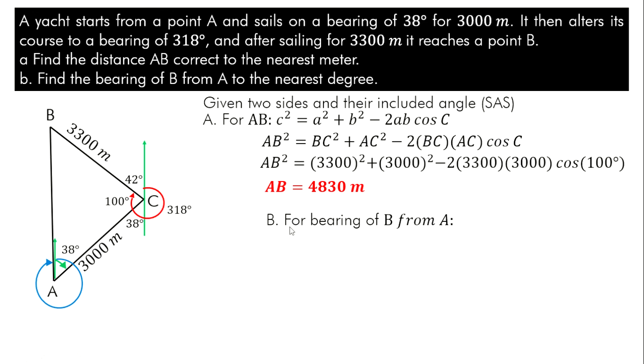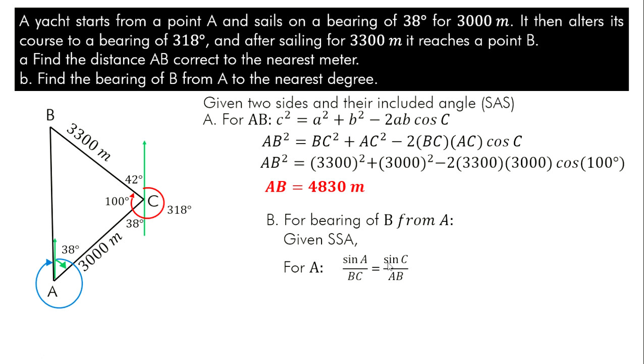So this is side angle, so let's use the law of sines. Sine A over BC is equal to sine C over AB.